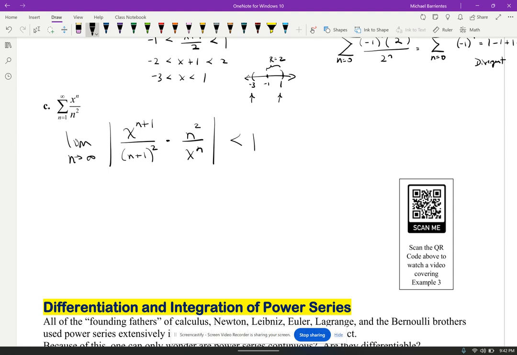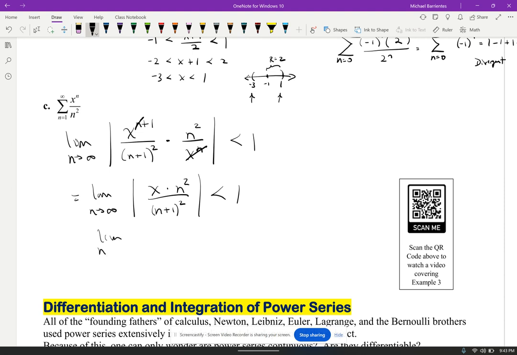Okay, let's go. I can reduce this with this, and I'm left with x to the 1. I cannot reduce anything here, so I'm left with the absolute value of x to the 1 times n squared over n plus 1 squared, and that has to be less than 1.